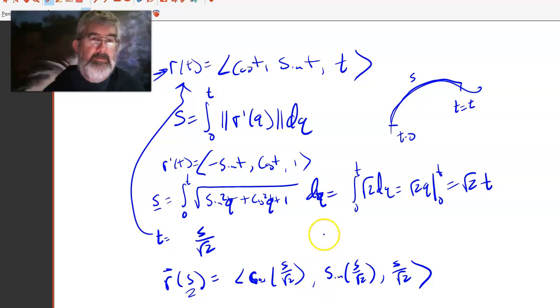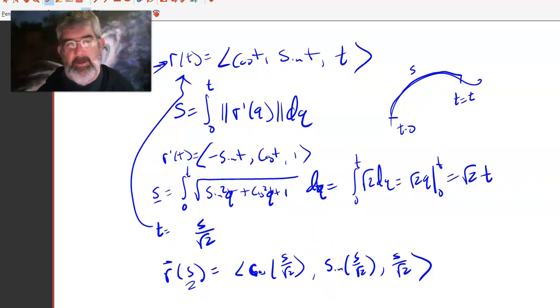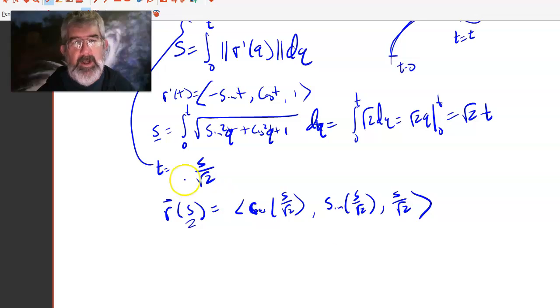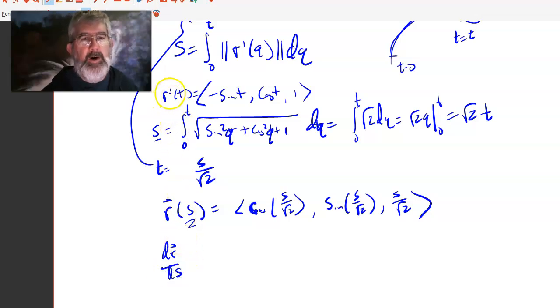Now, just to double check and show you that this works, if I now look at the derivative of r with respect to s, and I'll write this out this way because when I said r prime before, it was with respect to t. So I'll just be clear: I'm taking the derivative with respect to s.